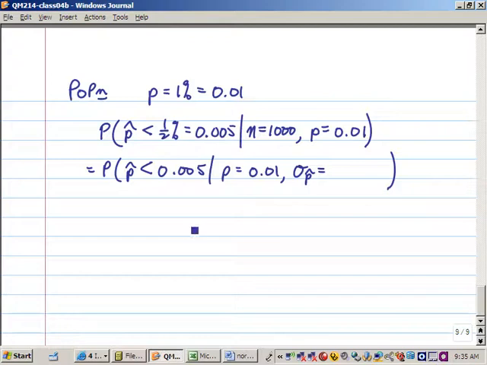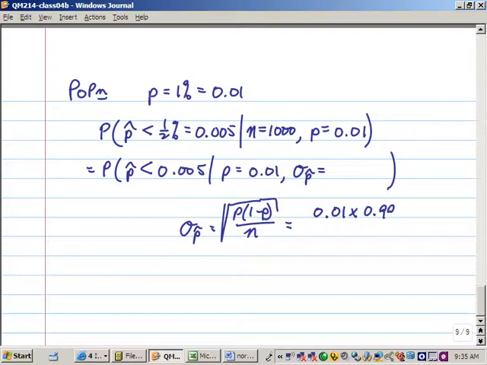And so at this point we have to calculate that standard deviation, sigma sub p hat, which is the square root of p times 1 minus p on n. p is 1%, 1 minus p is 99%, divided by the sample size 1,000, and don't forget to take the square root of the whole thing.